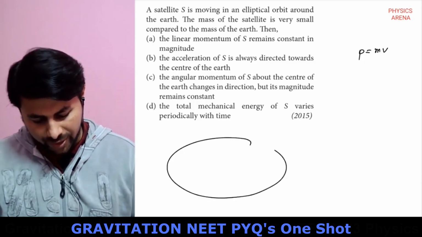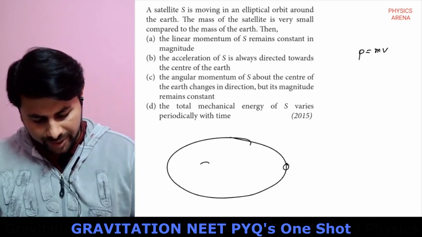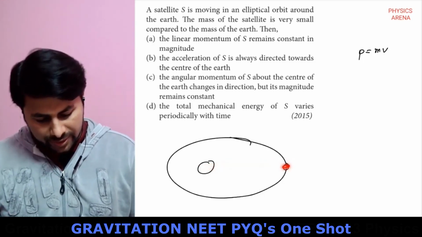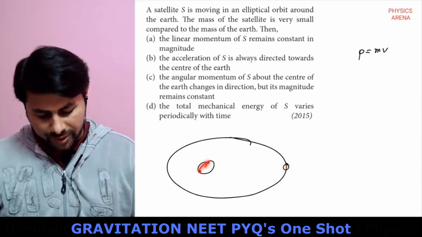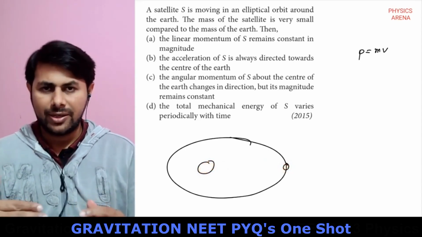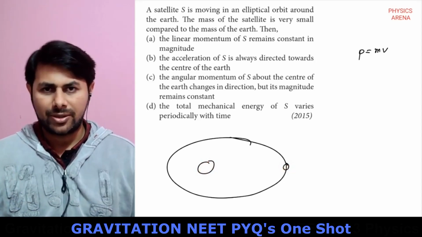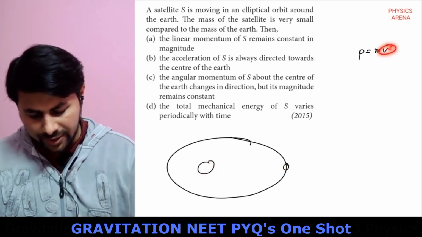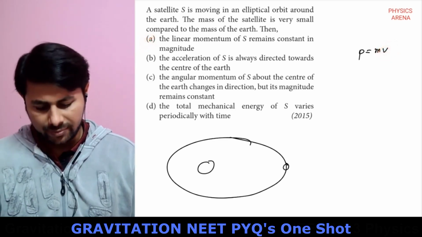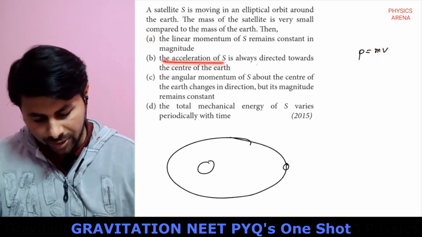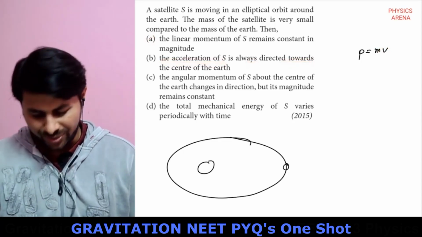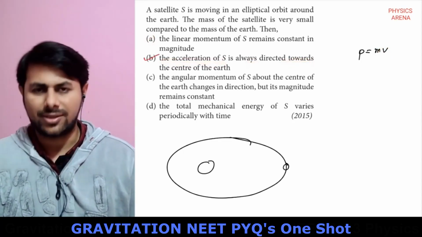If it is revolving in an elliptical orbit, velocity is more when the satellite is closer to the Earth, and velocity will be less when it is away from Earth. So since velocity changes, linear momentum is not constant in magnitude. The acceleration of S is always directed towards the center of Earth. This is true, so this should be the answer.